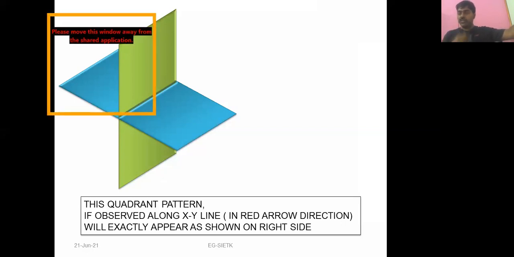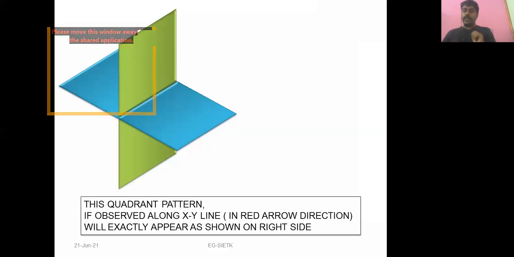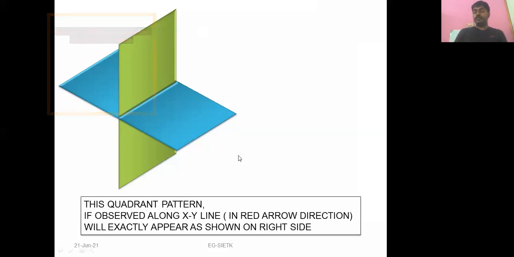That's what we discussed in trigonometry, even at the starting point, in intermediate itself. So it consists of four quadrants: first, second, third, and fourth. Please remember this.